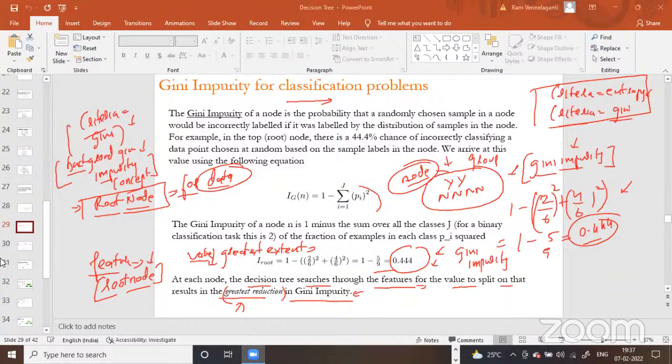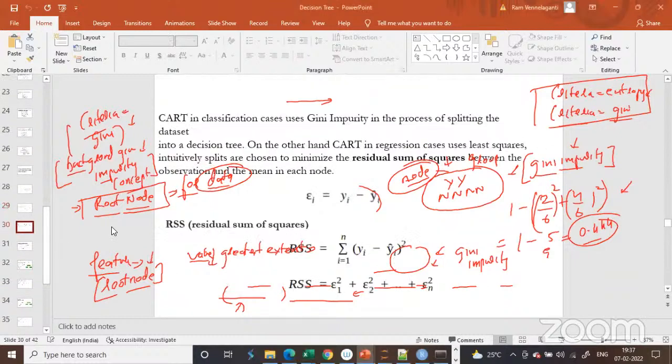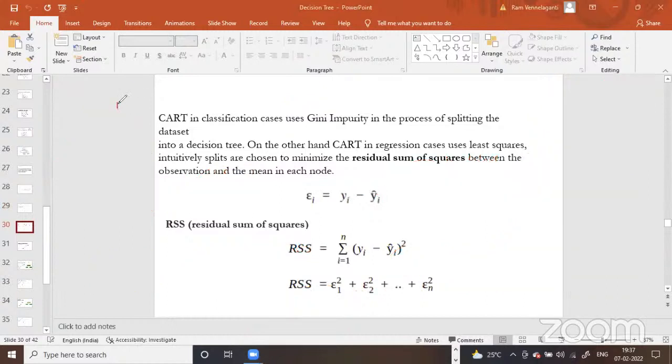That is the logic. Now, what if I want to apply my decision tree model to solve my regression problems? Can I do that? Answer is yes. You can solve your regression related problems also using your decision tree model. So how are you going to do? That is the question.